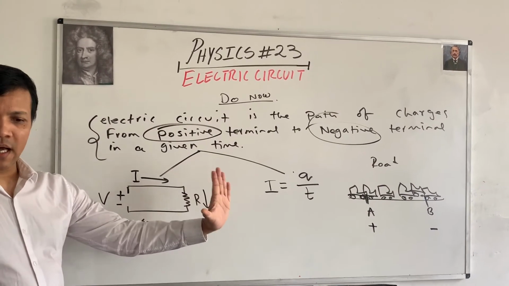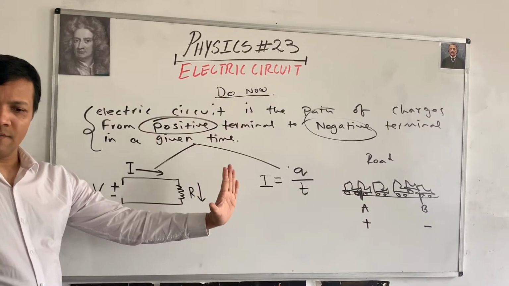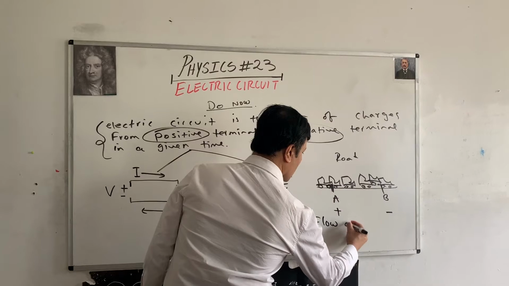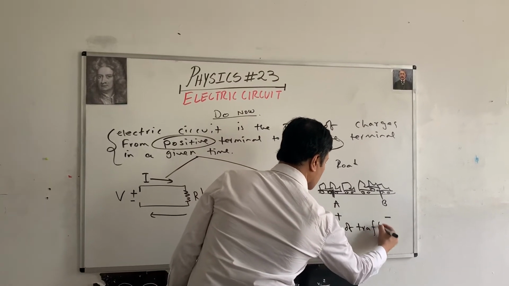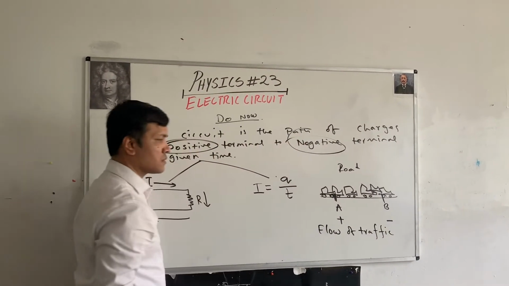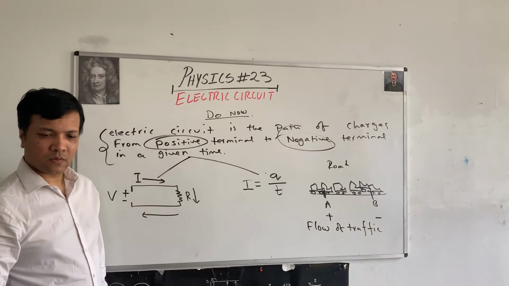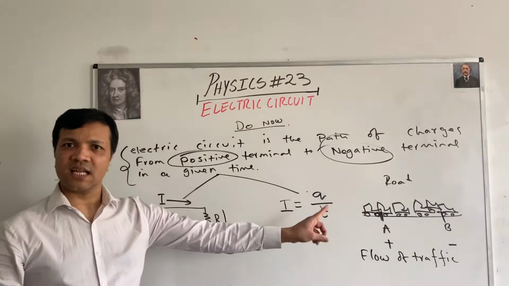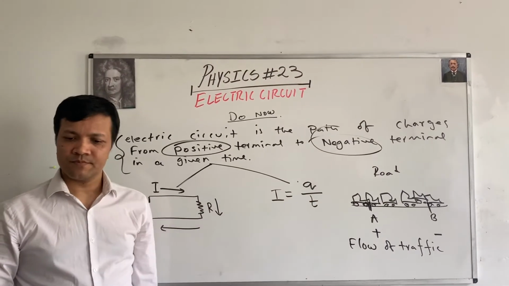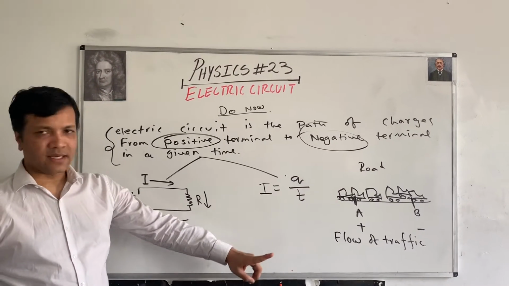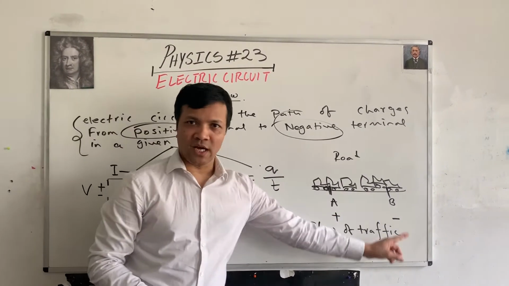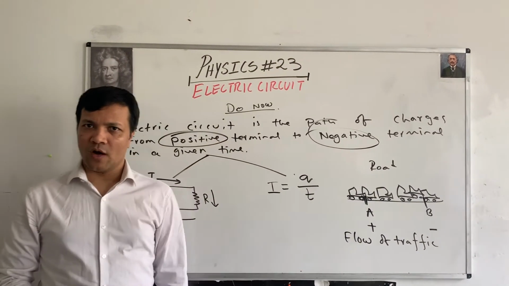So how can I measure the flow of cars? The flow of traffic? By seeing how many cars pass from A to B in a certain amount of time. Is the flow of traffic the speed of one single car from A to B? No. What is the flow of traffic?